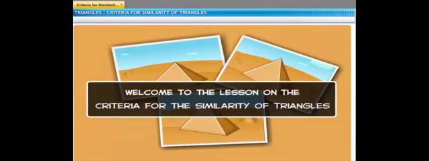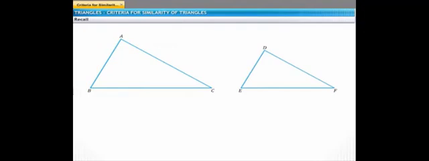Welcome to the lesson on the criteria for the similarity of triangles. At the end of this lesson, you will be able to prove the AAA, the SSS, and the SAS similarity criterion of triangles. Let's consider two triangles, triangle ABC and triangle DEF.